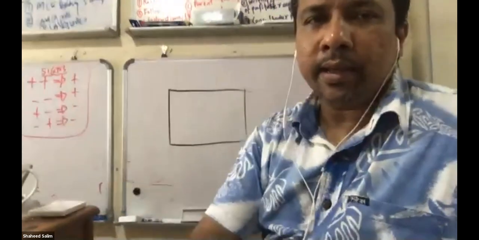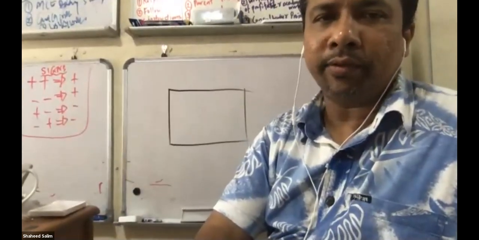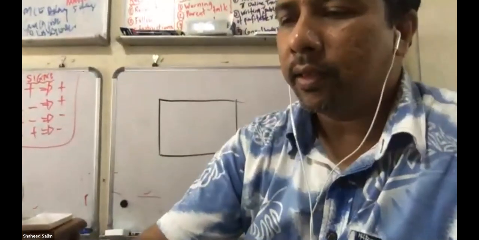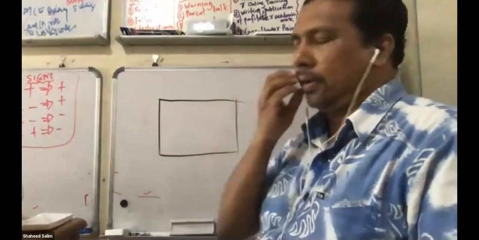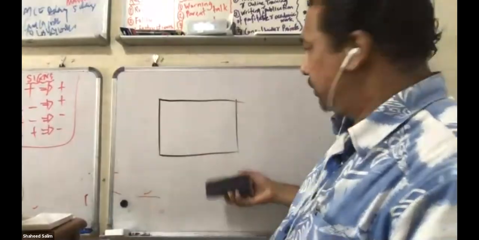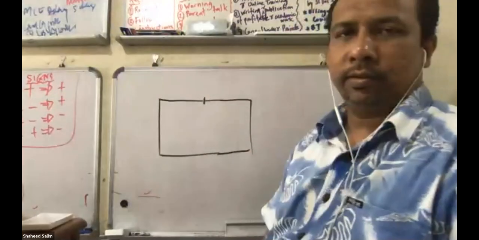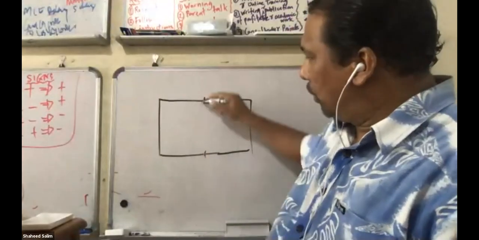And they say that the length is twice the breadth, correct? So how many breadth can you get in the length? 2, good. So now the length, I can divide into 2 breadth, and we can cut it.